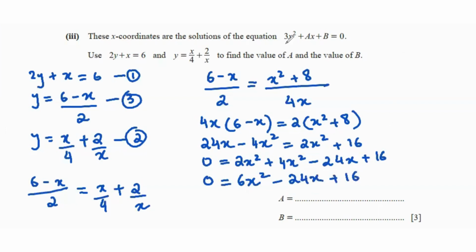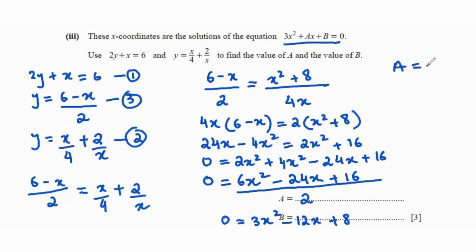If you look at the equation in the question, that's 3x squared plus ax plus b. That means we need to divide the entire thing by 2, which will give us 3x squared minus 12x plus 8, which means a is negative 12 and b is 8. That is your final answer for this one.